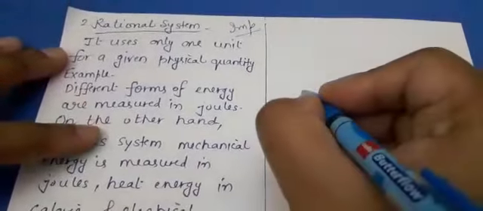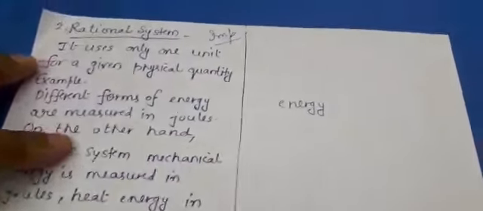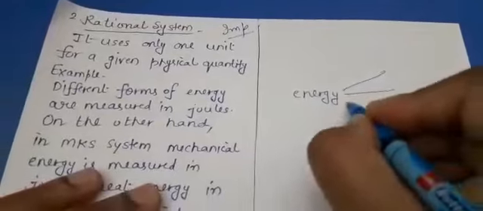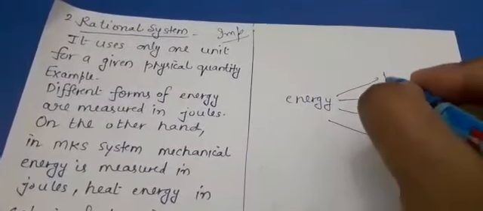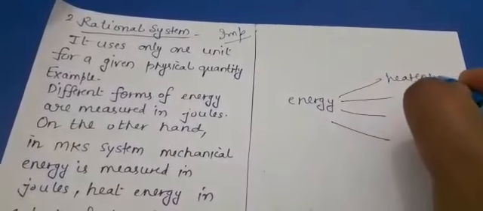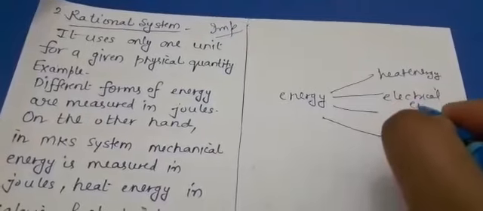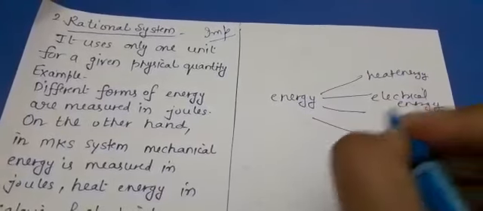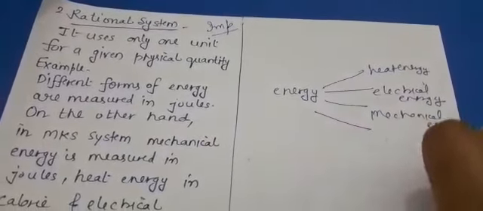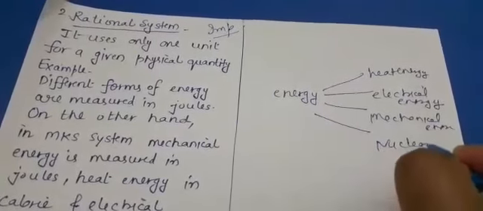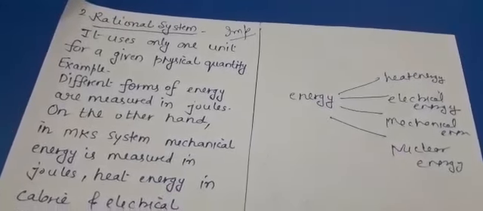Like if we are taking energy as a physical quantity, it may have different types. You can take heat energy, electrical energy, mechanical energy, nuclear energy. These are a few I have named. Many more different branches of energy can be there.